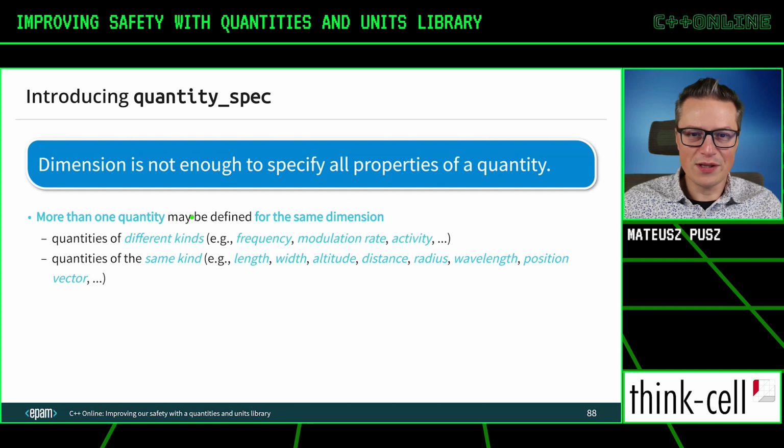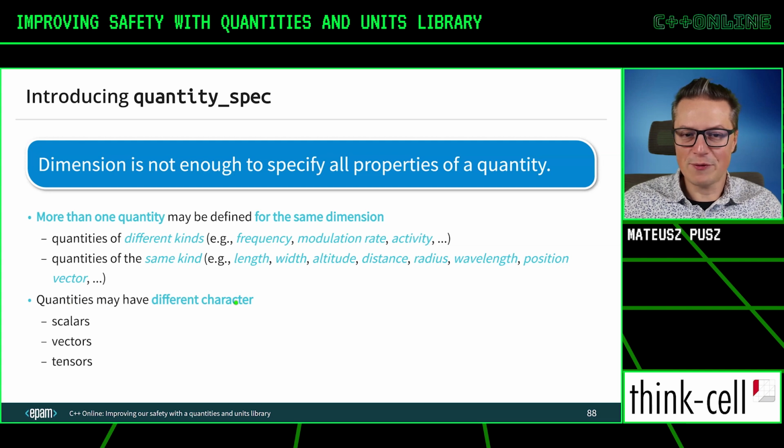More than one quantity may be defined for the same dimension. Maybe quantities of different kinds, like frequency, modulation rate, activity, or quantities of the same kind, like length, width, altitude, distance, radius, wavelength, position vector. All of those are similar but different. We also said quantities may have different characters: scalars, vectors, tensors, and some quantities may even be defined as non-negative.